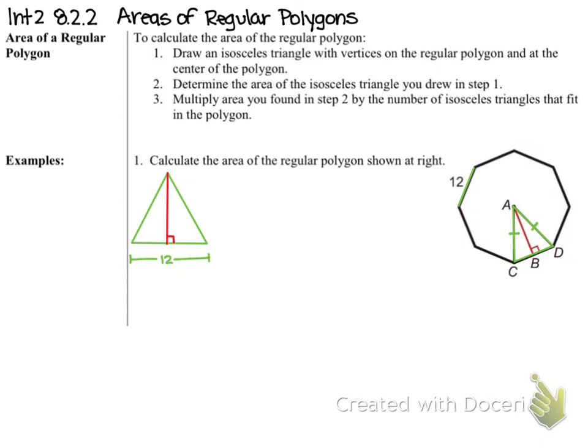All right, so here's what I know. If that's 12, then I can chop that in half. This becomes 6, and this becomes 6. All right, now I need to be able to calculate the area of this. Well, at this point, I don't have enough information to do that, but I can figure out the angles.